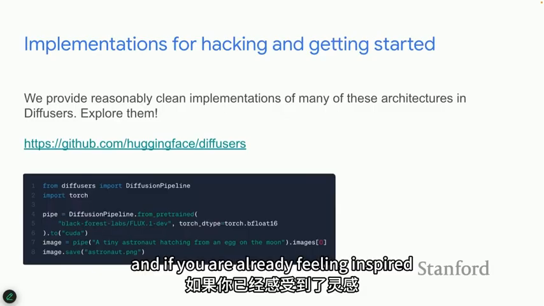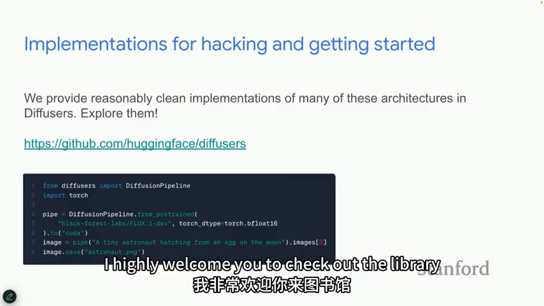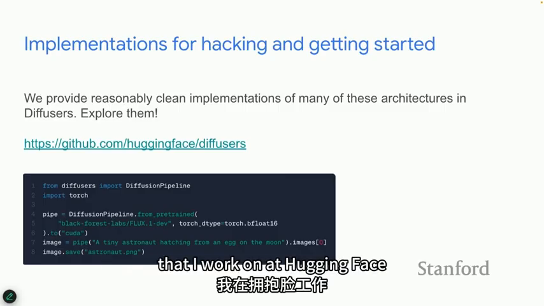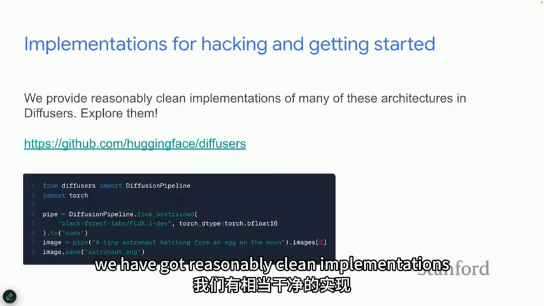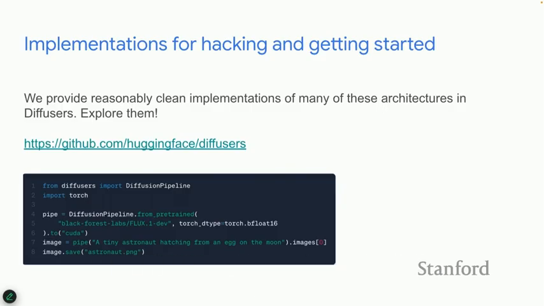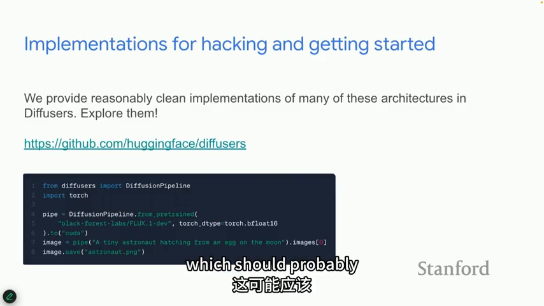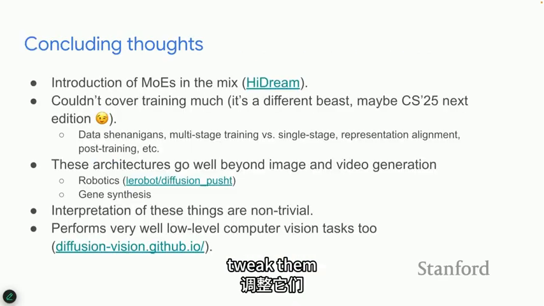And if you are already feeling inspired, I hope you are feeling inspired to explore these architectures. I highly welcome you to check out the library that I work on at Hugging Face. It's called Diffusers. We have got reasonably clean implementations of all the models that I discussed today, which should probably inspire you to hack into these things and tweak them.